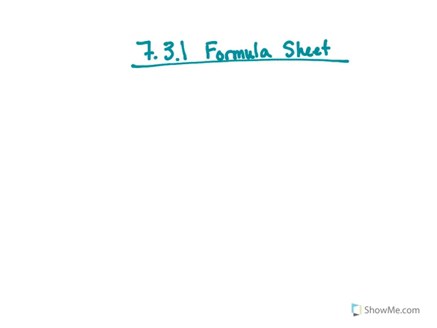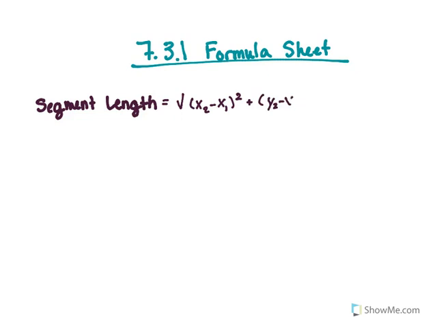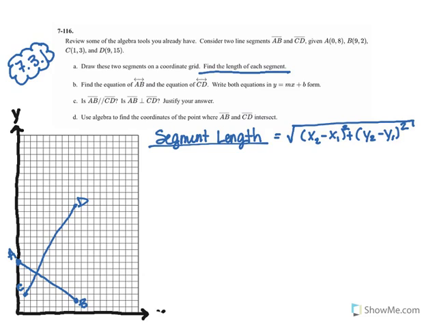Okay, let's go ahead and add this. So this is segment length. And segment length is the square root of (x2 minus x1) squared plus (y2 minus y1) squared. This is just a review. So let's go ahead and do that.